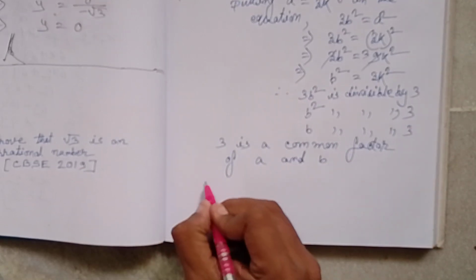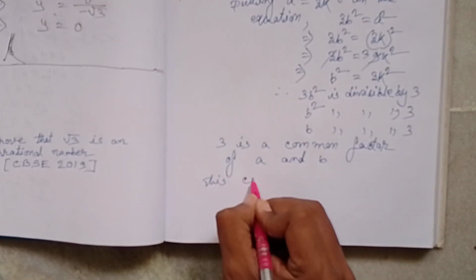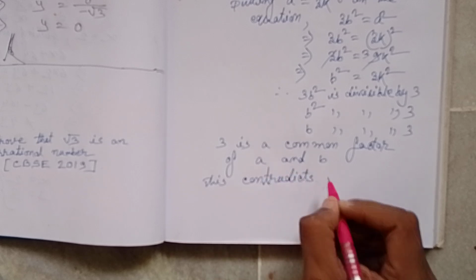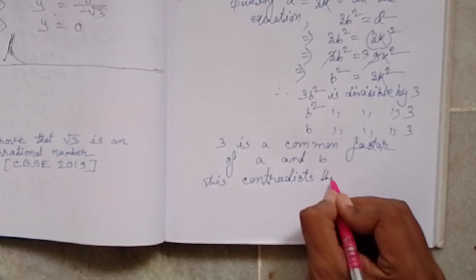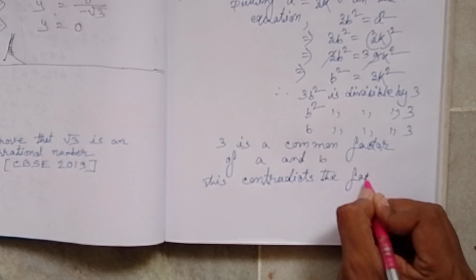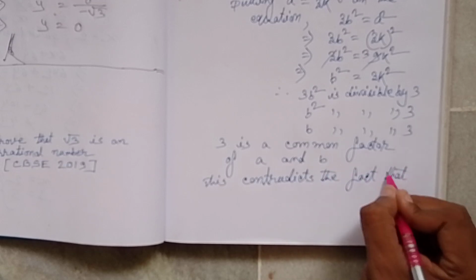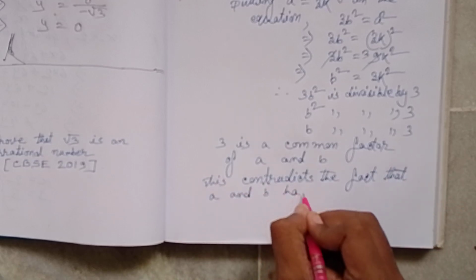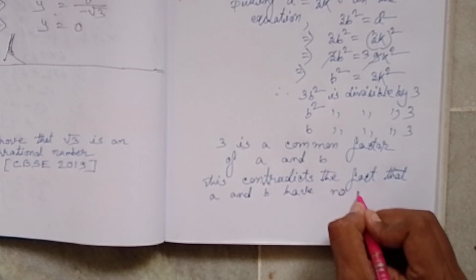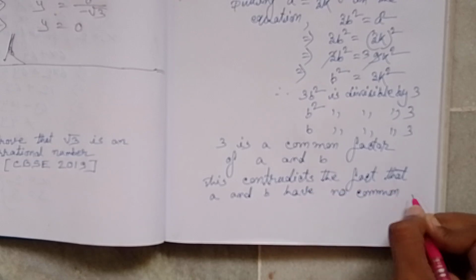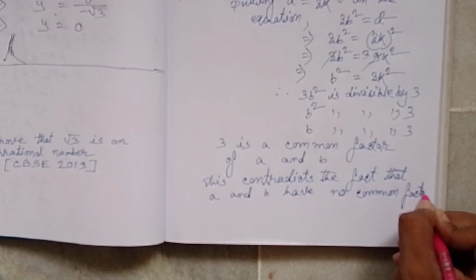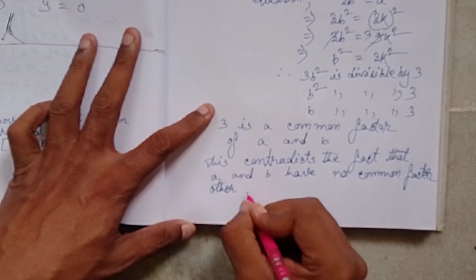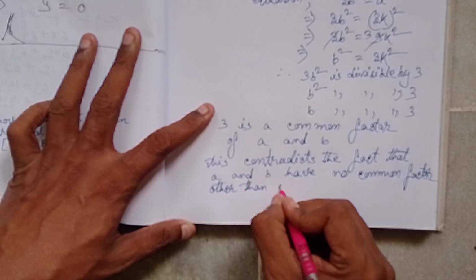So this contradicts the fact that a and b have no common factor other than 1.